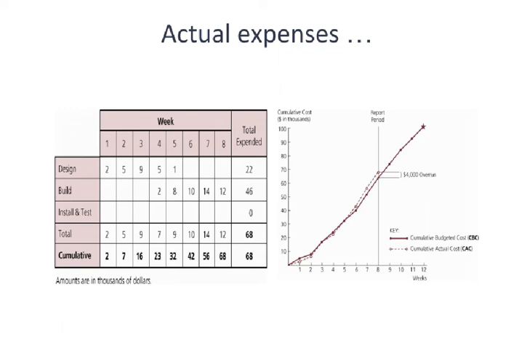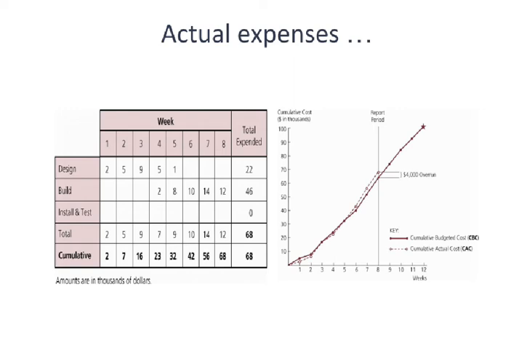So you'll notice in week 1, the actual amount of money spent was $2,000, but if you recall back to the earlier slide, $4,000 was budgeted during week 1. In week 2, we spent 5 more, so we have a total cumulative actual, CAC, of 7 at the end of week 2, but our CBC, cumulative budgeted, was 8.